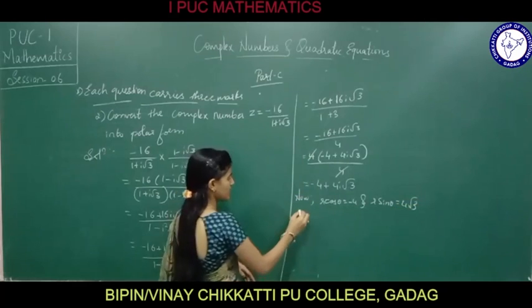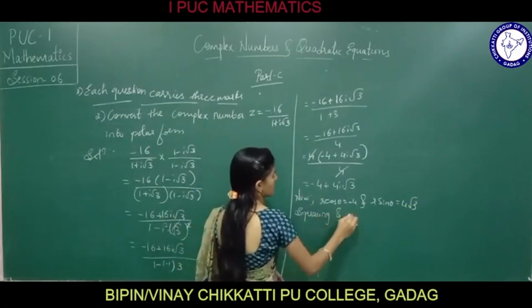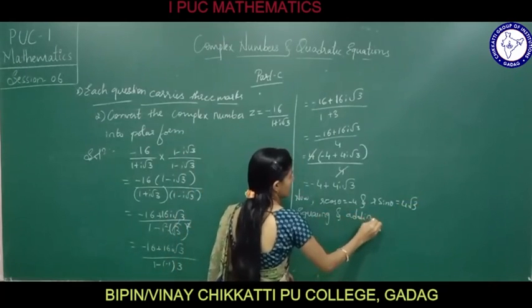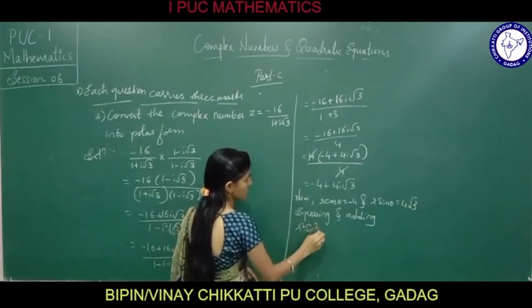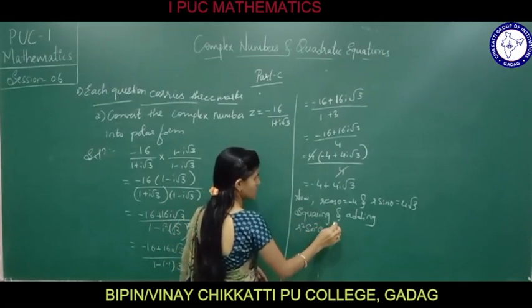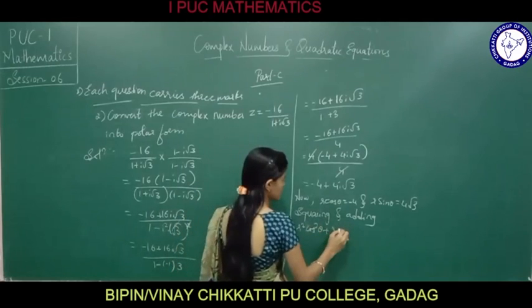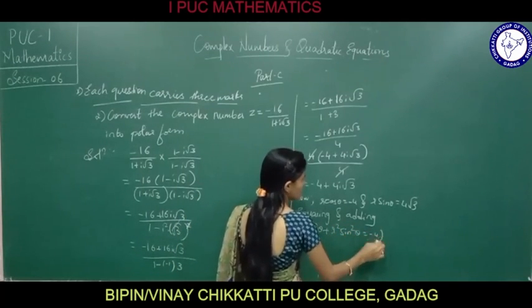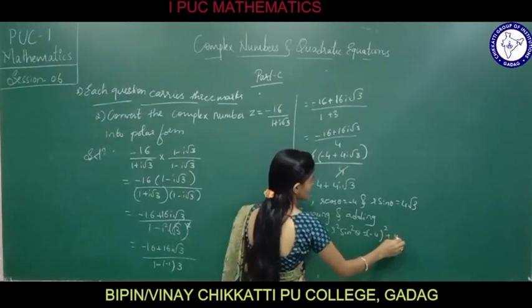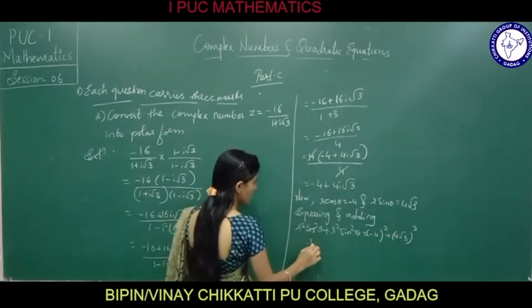Now squaring and adding, that is R square cos square theta plus R square sin square theta is equals to minus 4 square plus 4 root 3 square.